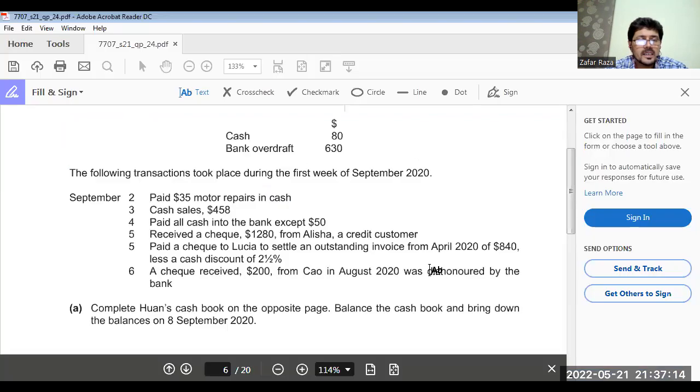Here is the question. Paid all cash into bank except $50. So that calls for a contra entry. All the cash we are paying to the bank except $50. So what we have to do, again, we are moving towards our answer.